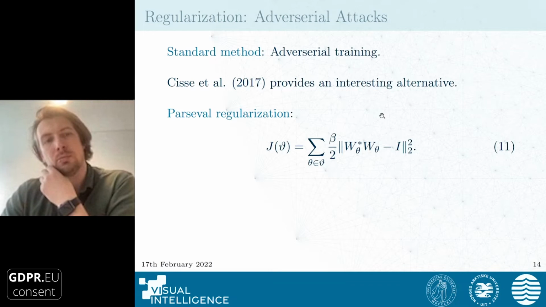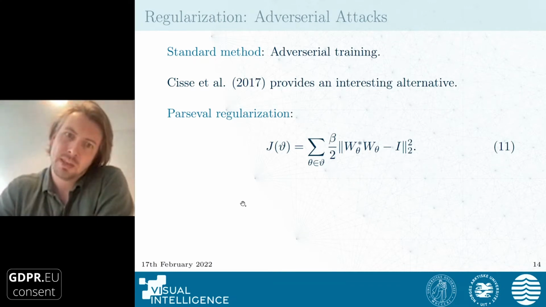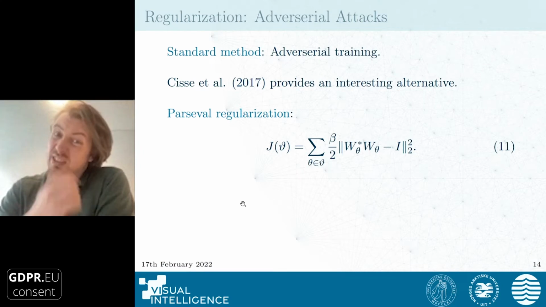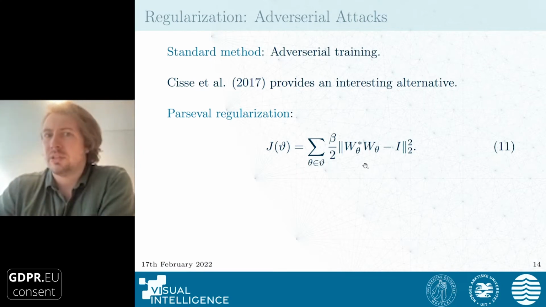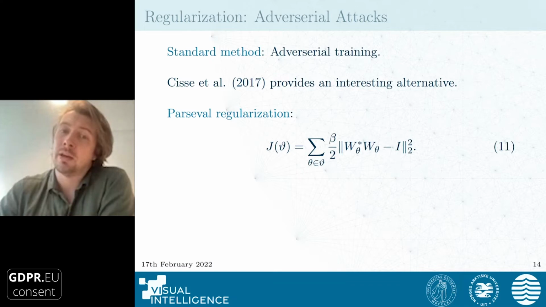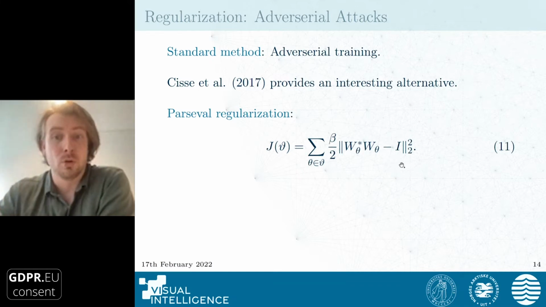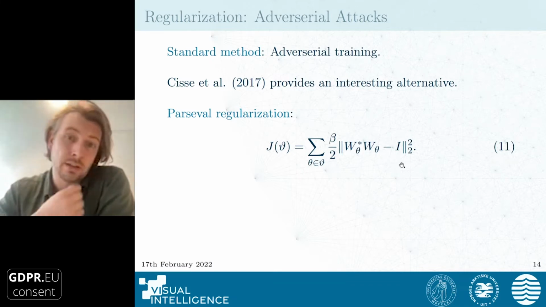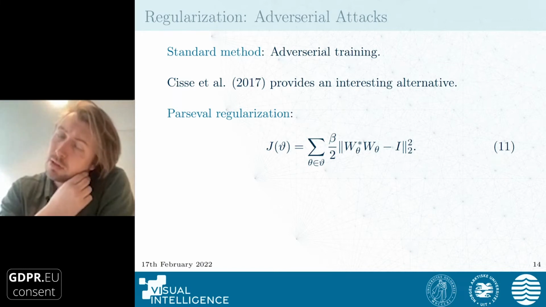However, there's an interesting alternative that was provided by Cisse et al. in 2017, which is called Parseval regularization. And Parseval regularization is essentially trying to make the weights of the network, these W's, orthogonal, or unitary in the case of complex valued inputs.